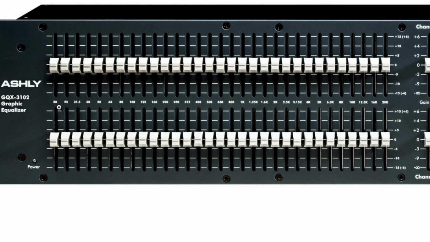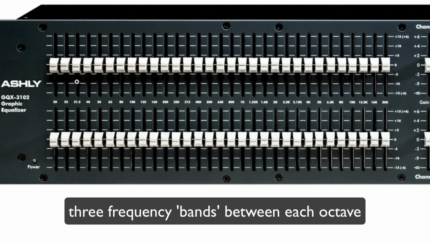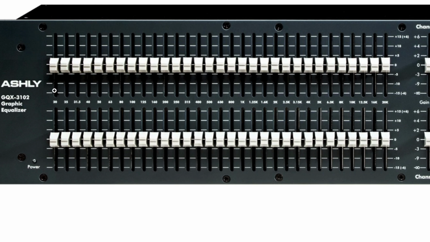It's called a third of an octave graphic equalizer because there are 3 sliders, 3 volume controls, 3 faders between each octave. And it goes from the full range from 20 Hz all the way up to 20,000 Hz or 20K. Okay, so 3 bands between each octave.